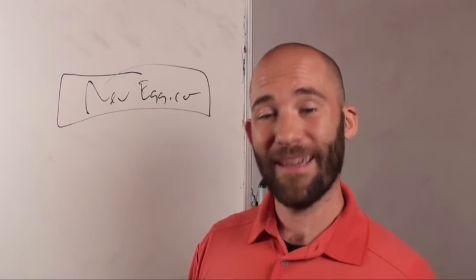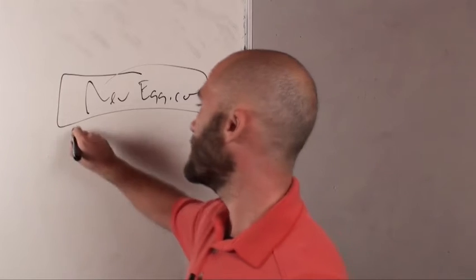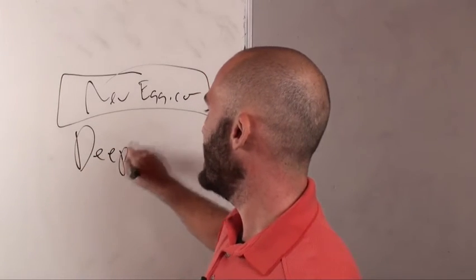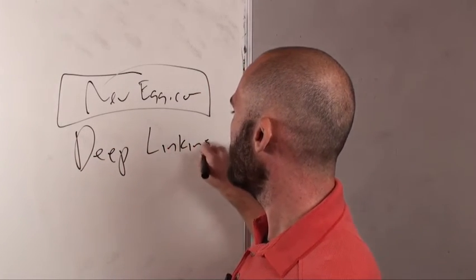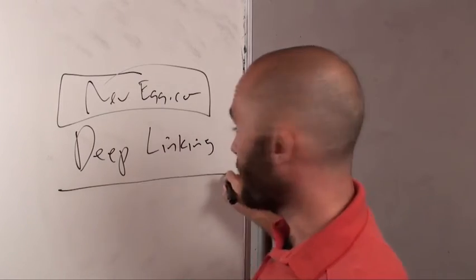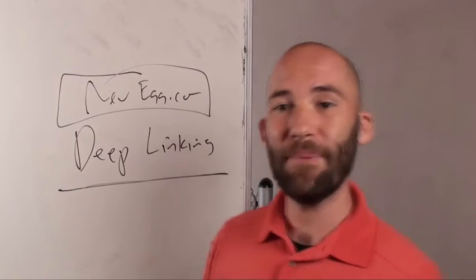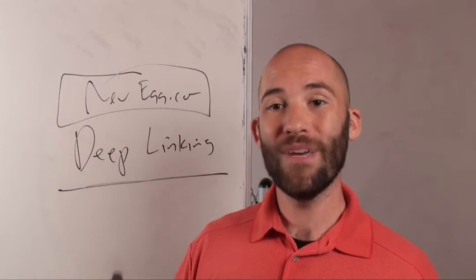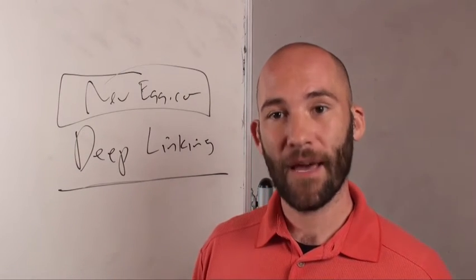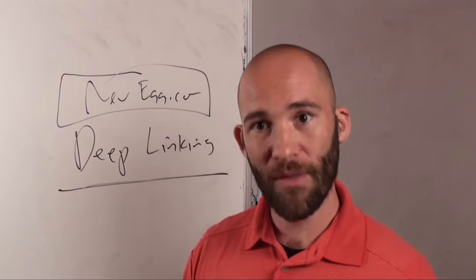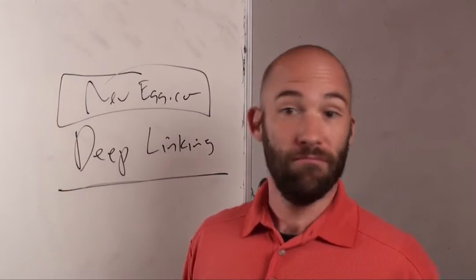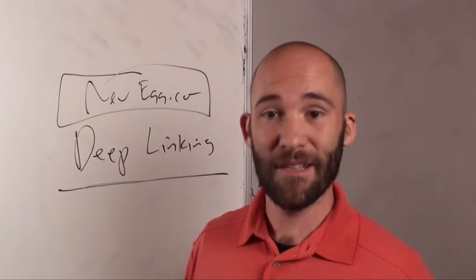Well, there's something that makes selling a whole lot easier, and that is called deep linking. And this is what you should look for in any of your affiliate programs. What deep linking means is that you can link to specific products. Especially in the web publishing world, you are probably legitimately talking about products.